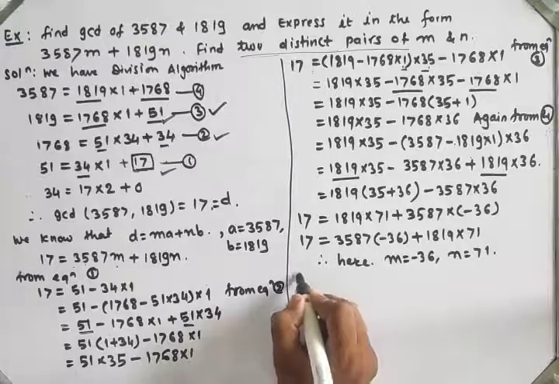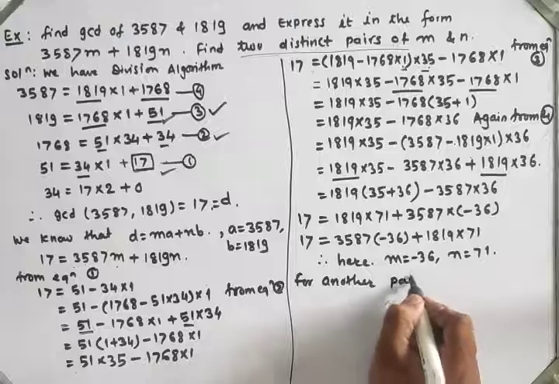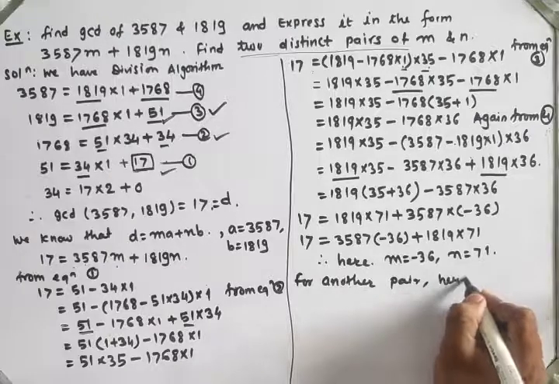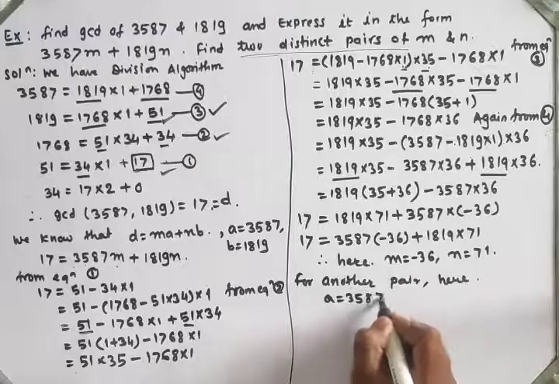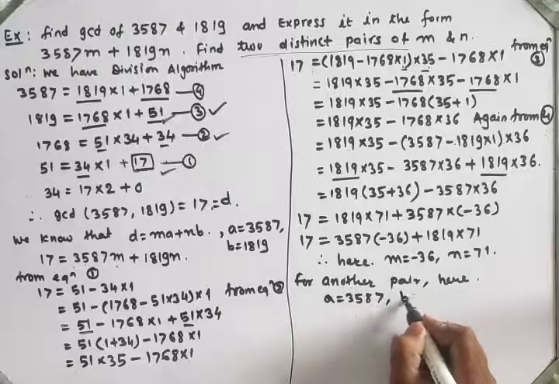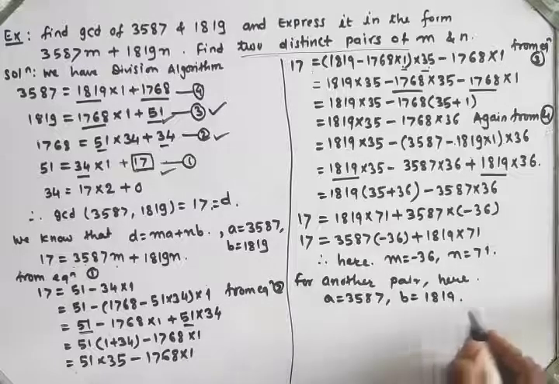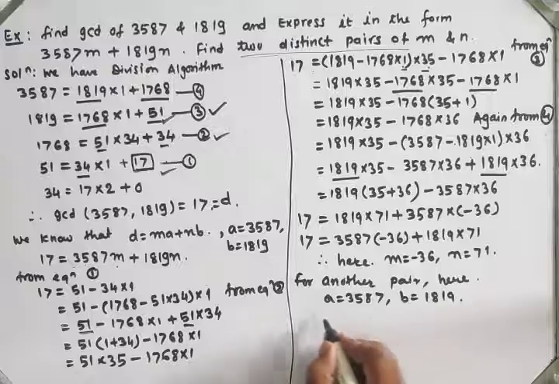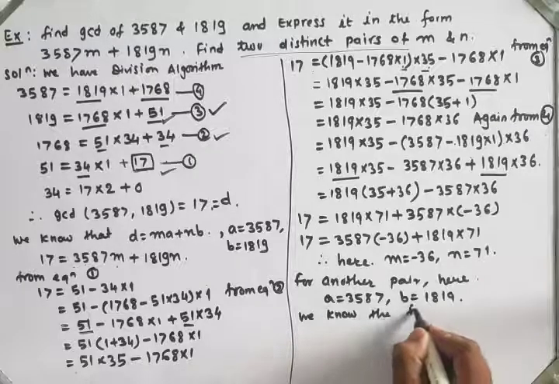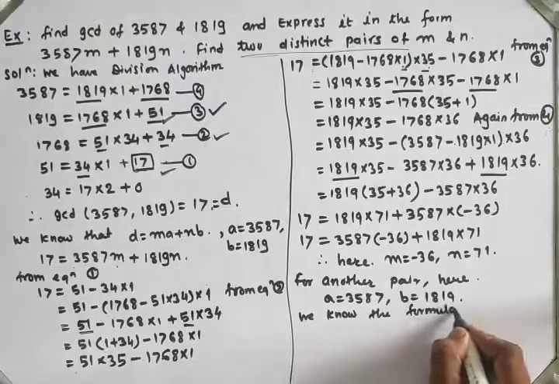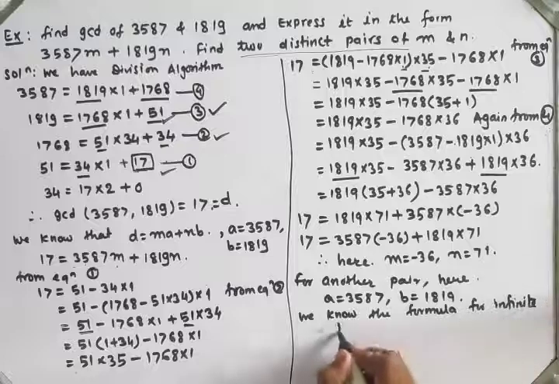For another pair we have the equation here. What is the value of a? A is 3587, and b is 1819. To find another pair, we know the formula to find an infinite number of pairs.